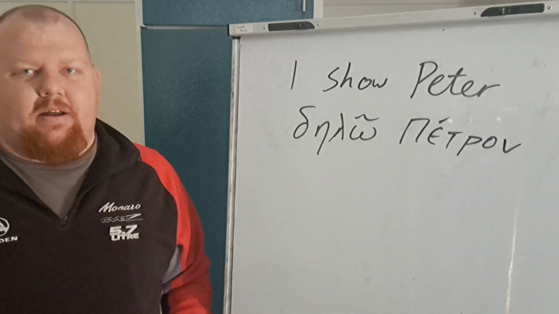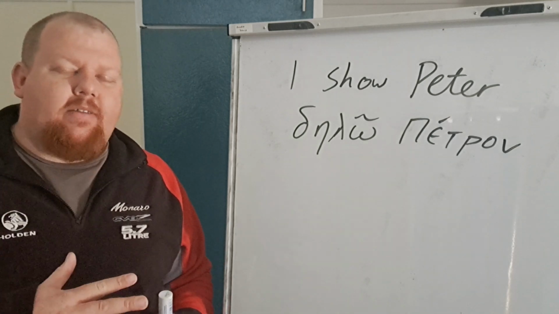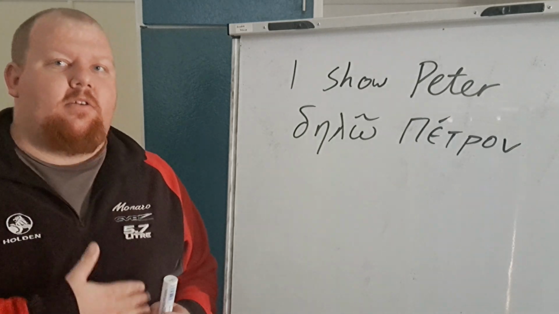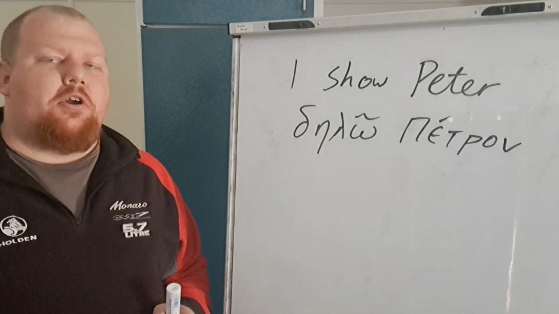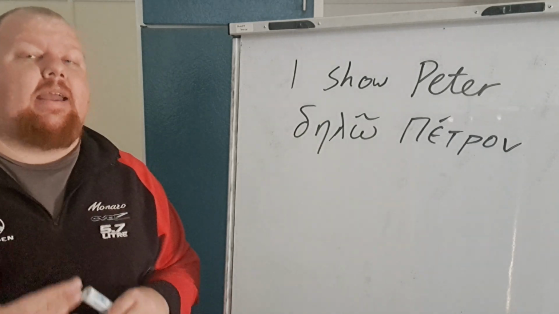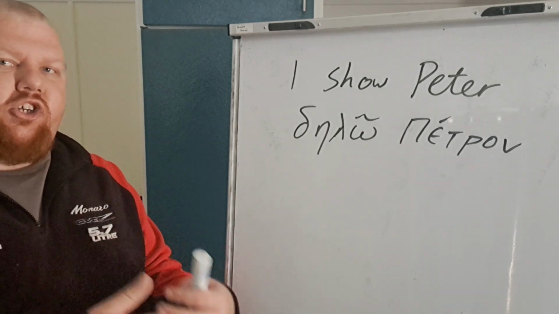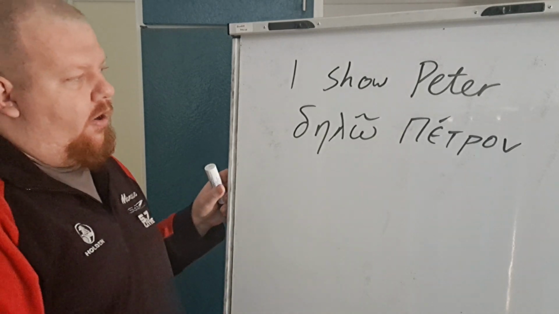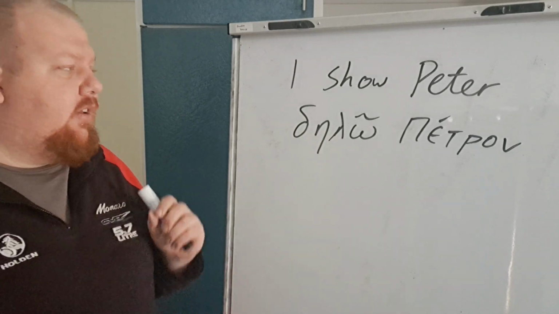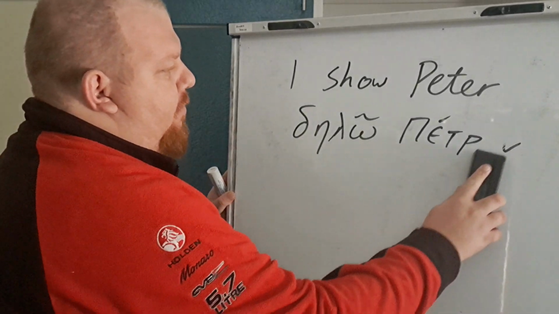Why are you showing Peter? But rather, you show something to Peter. Okay, so in this case, Peter would be an indirect object if you want to actually say that you're showing something to Peter. Okay, now the way that you do this is really, really simple.